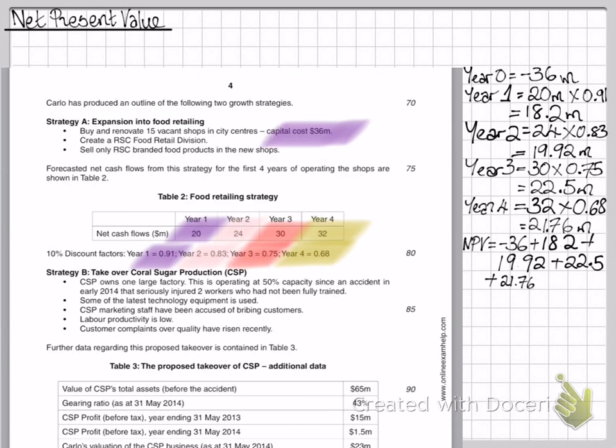You punch this into your calculator to give you an overall amount of 46.38 million. Don't forget your dollar sign there.